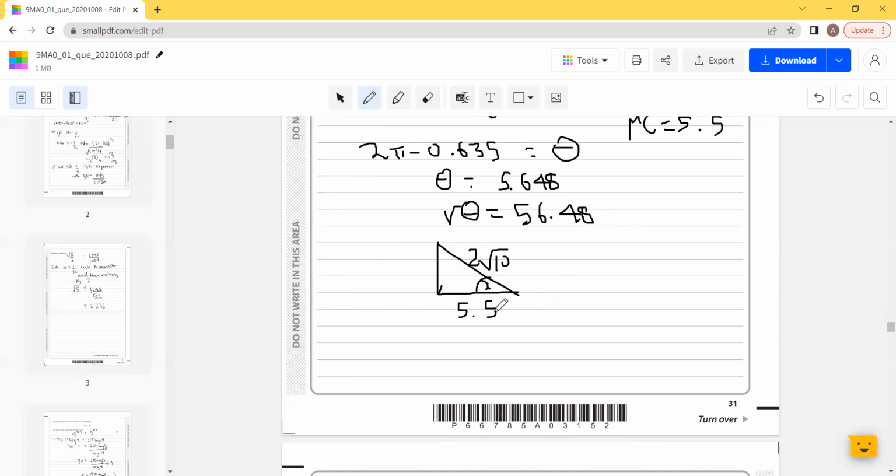Now I can figure out what this angle will be. I'm going to call this angle X. So X is going to be the cos inverse of 5.5 over 2 root 10, which is equal to 0.516. And I know that beta is equal to 2x. So if I multiply this by 2, that will be the value of beta, 1.0327.